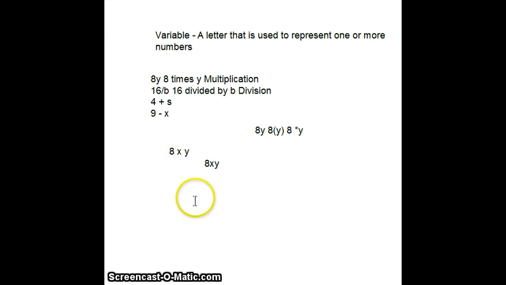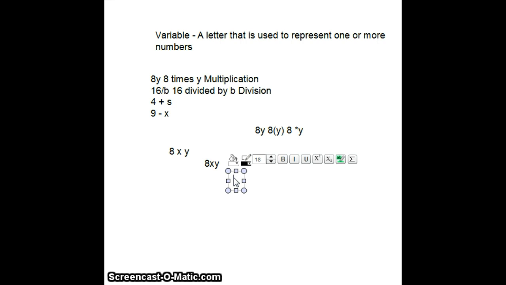Now, replacing each variable in an expression by a number is called evaluating that expression. Every time we begin this Algebra 1 course, I always have at least one student ask me, what does evaluate mean? What do you mean by evaluate the expression?